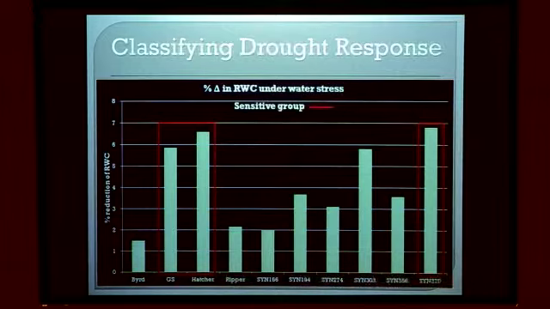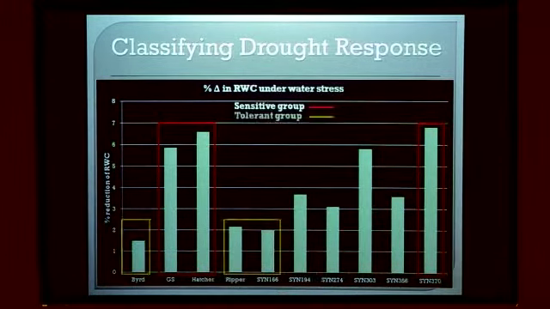So we identified 3 varieties that showed the largest percent reduction in relative water content. We termed them our sensitive group. And of course, the 3 varieties that were the lowest in loss of relative water content, those were our tolerant group.